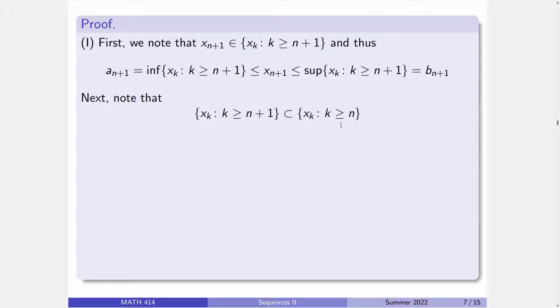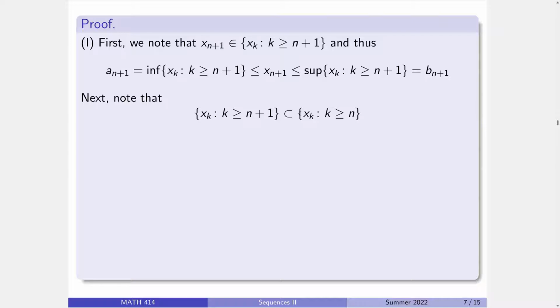Now, the tricky part here is going to be the following argument. Pick any element that lives in here. It lives in here. So anything that's a lower bound for this set must be a lower bound for this. And vice versa. Anything that's an upper bound for the set on the right is an upper bound for the set on the left, because everything in the left is in the right.